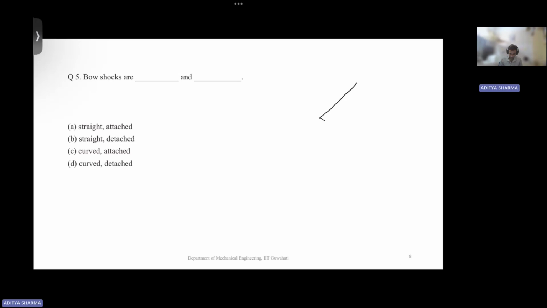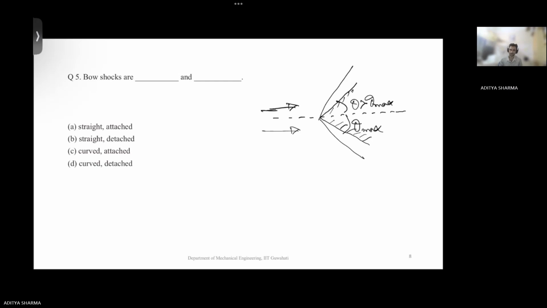When you were talking about this, if flow is happening in this direction, okay, and this theta is greater than your theta max. So when it's less, then you get these types of oblique shocks. Right? So this is basically a wedge. I hope you understand wedge. What is wedge? Okay.